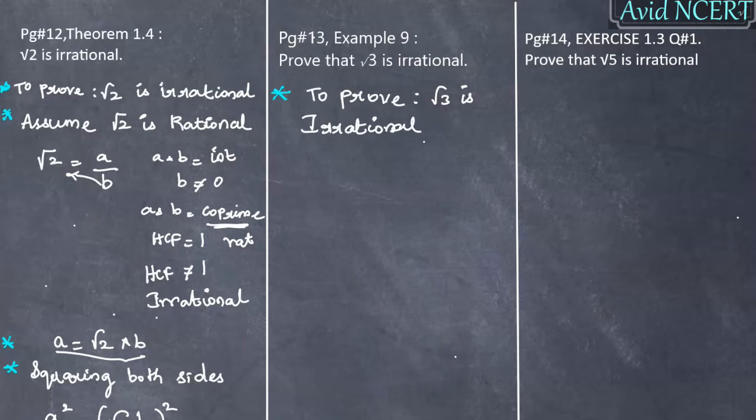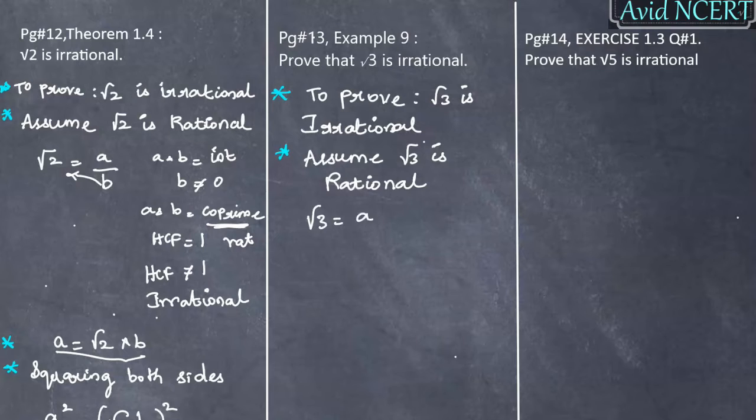First step. Now the second step. Assume root 3 is rational. So what is rational? It can be written as a fraction.